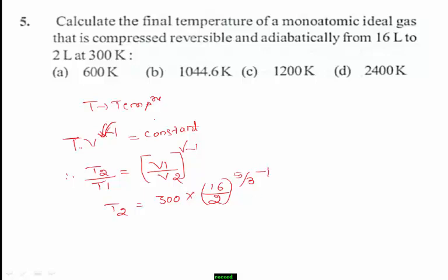Here gamma equals 5 by 3. When you calculate this value, it becomes 1200 Kelvin. T2 equal to 1200 Kelvin temperature. This is your answer. 1200 is the right answer.